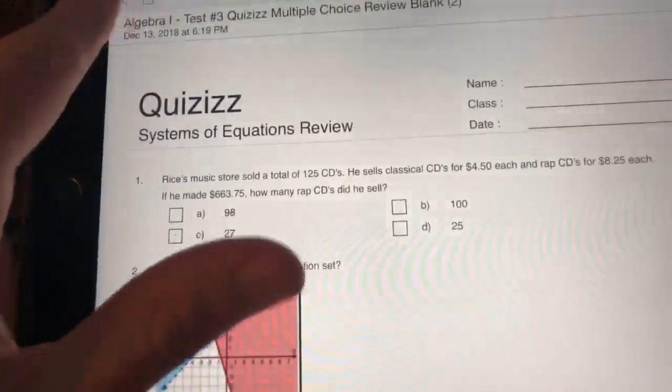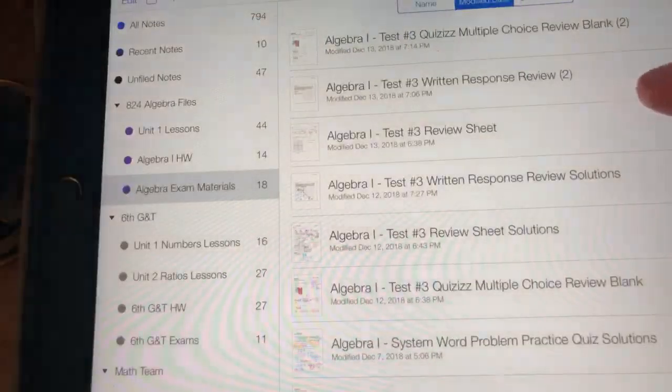I want to look at the review sheet for a second. Let's look at the KitKat example.